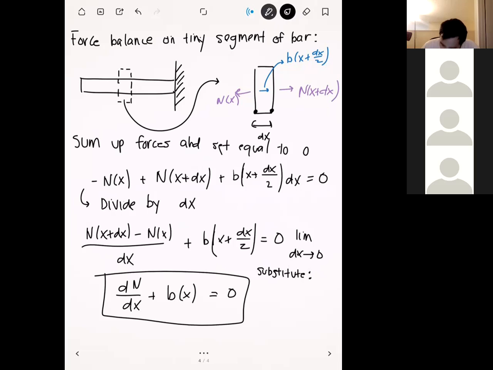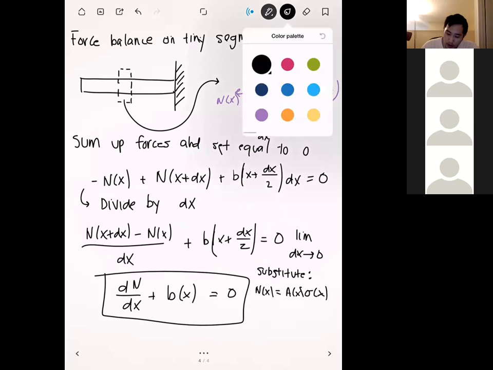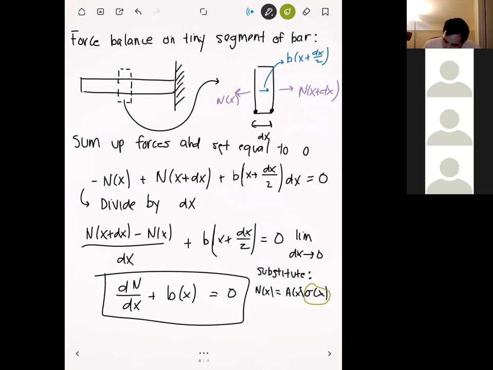For the first substitution, I'm going to substitute n is equal to a of x times sigma of x, where this sigma of x is the internal stresses within the structure.